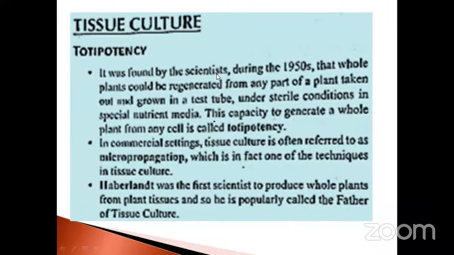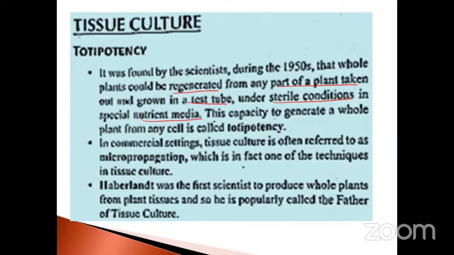See here. What is meant by tissue culture? It was found by scientists during the 1950s that whole plants could be regenerated from any part of the plant, taken out and grown in test tubes under sterile conditions in special nutrient media.